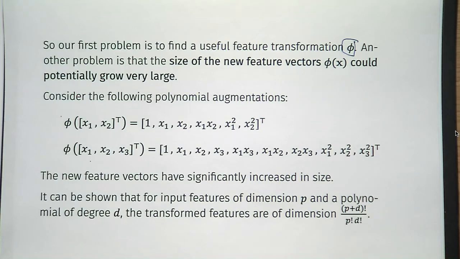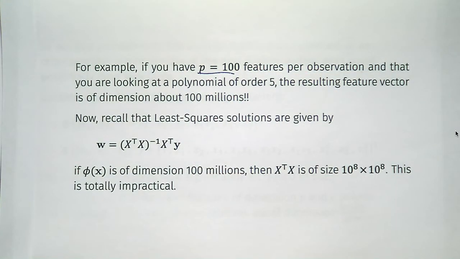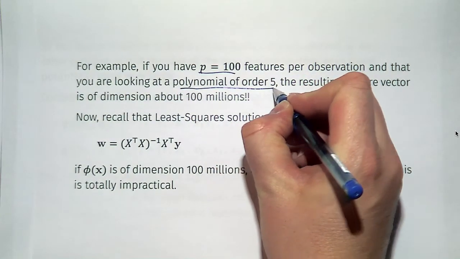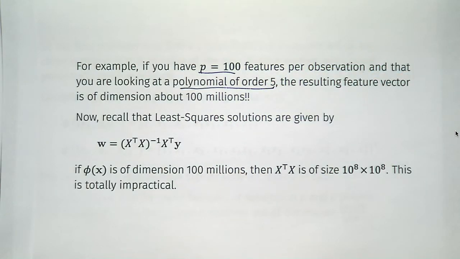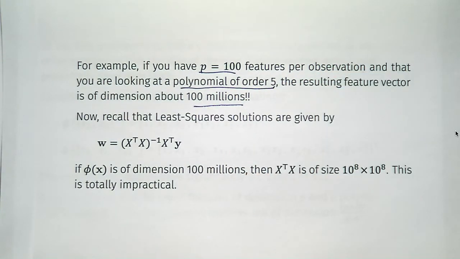And indeed, it is not nice, because if you collect 100 features, so nothing mad again, like if you're a bank, you know, 100 features, you get them. And if you're looking at a polynomial of order 5, which is again not much, then you have a feature vector of 100 million, okay, or 90 something million, okay?